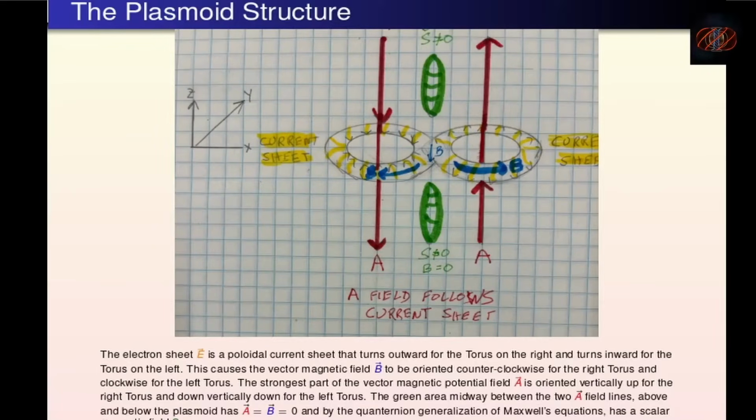Longitudinal wave means it's going back and forth along the direction of propagation. And when that happens, in that area where the B field is 0, there's a scalar field.